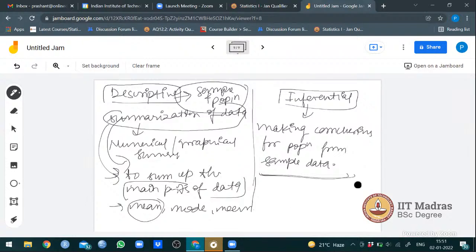You ask around 100 people, and 80 people out of 100 say, yeah, the mall is very good. Then if you make the conclusion that all the people in that city like that mall, it will be inferential, because on behalf of sample data, you are making a conclusion for the whole population.